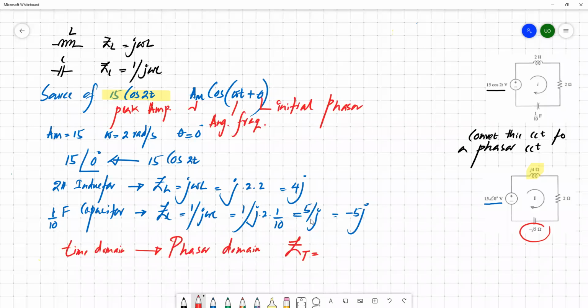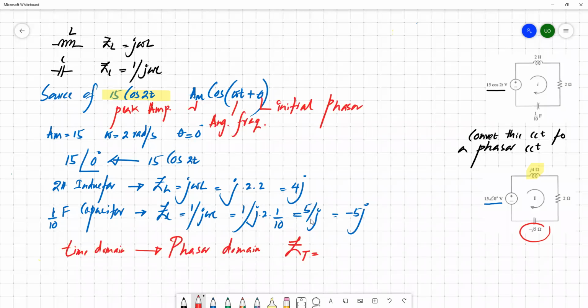Similarly for impedances in series, you can just add those values. But keep in mind you have both real and imaginary components, so you cannot just add these values as if they were only real. You have to add the real and imaginary components separately.